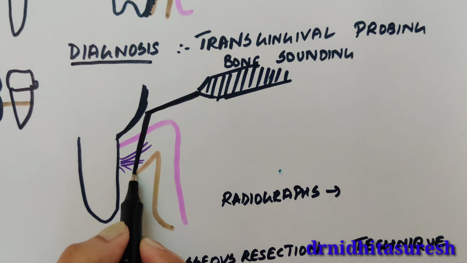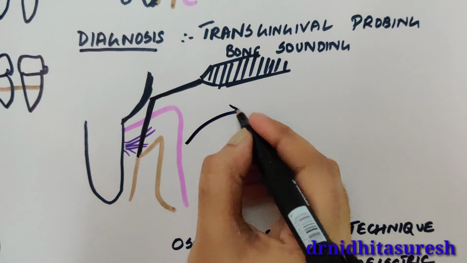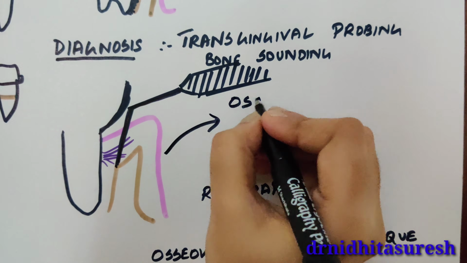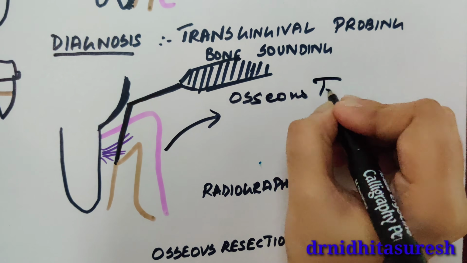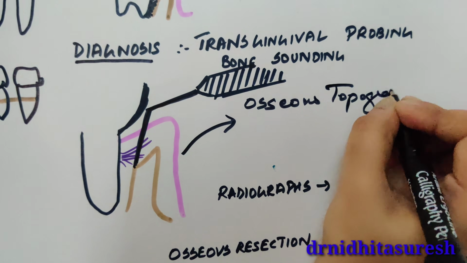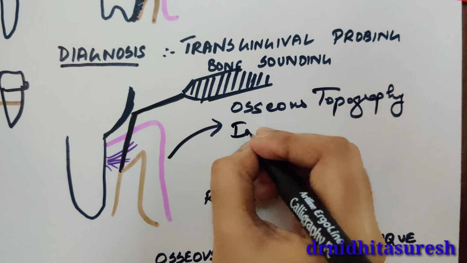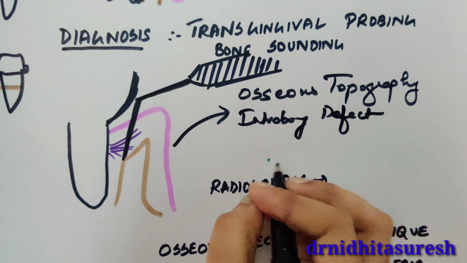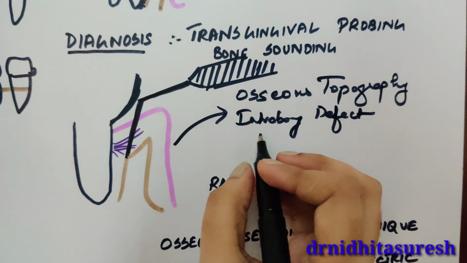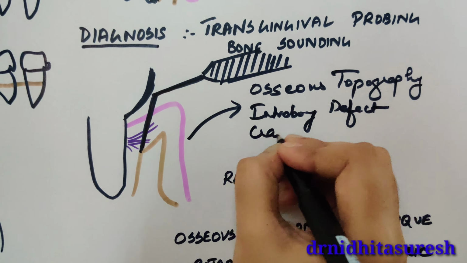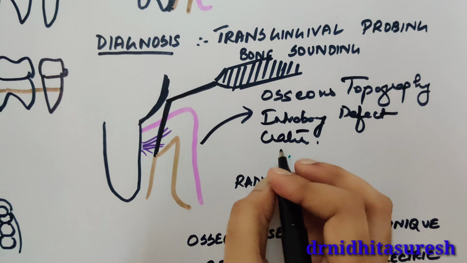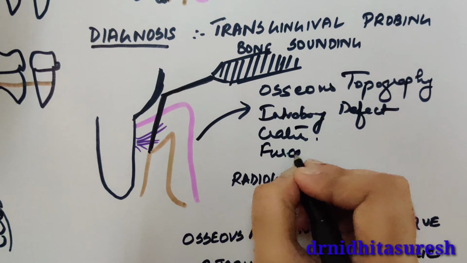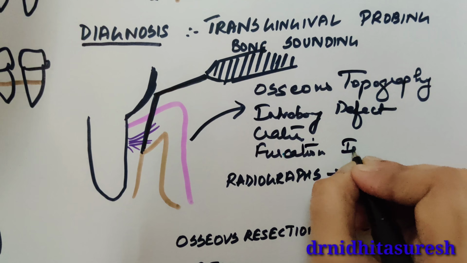So by doing that, you get to know about the osseous topography. So you will get to know any intrabony defect present, like 1 walled, 2 walled or 3 walled. You will get to know if there is any crater or anything present and if there is any furcation involvement.